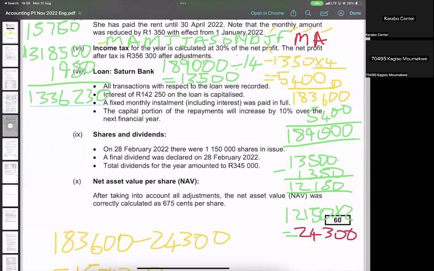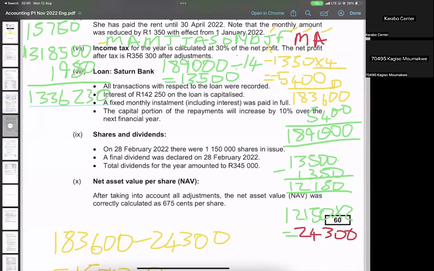They say all transactions with respect to the loan were recorded. Interest of 142,250 on the loan was capitalized. So that's the interest that is capitalized. A fixed monthly installment, including interest, was paid in full. They say the capital portion of the repayments will increase by 10% over the next financial year.